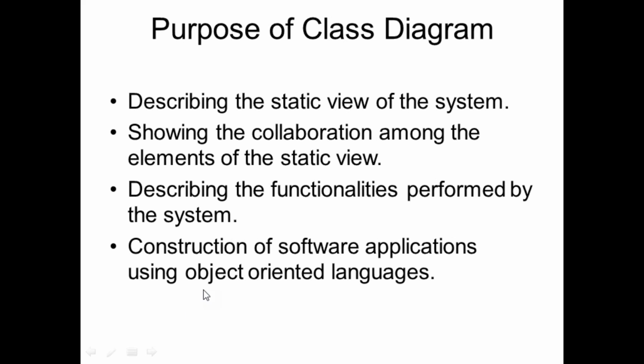The purpose of the class diagram is that it describes the static view of the system. It doesn't change over time. In an activity diagram, the workflow moves with time from one stage to the other. The class diagram defines the relationship between the static elements, the classes, showing the collaboration among the elements of the static view.